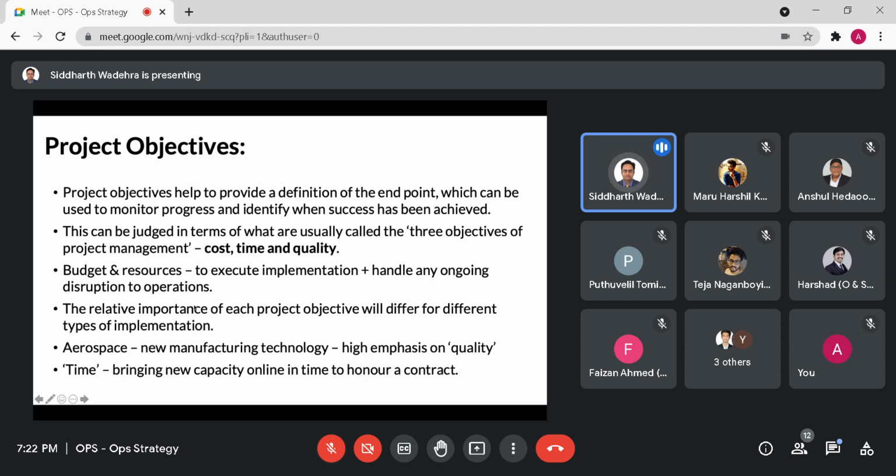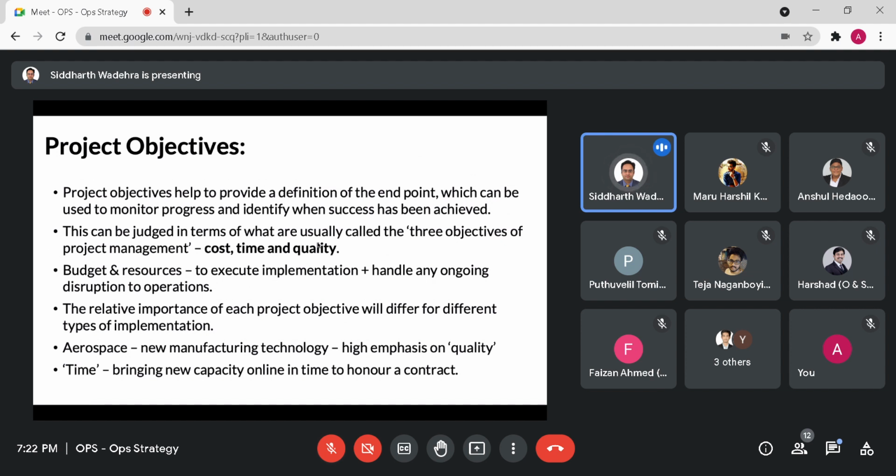And of course, the relative importance of each objective will differ for different types of implementation. If you are looking at an example from the aerospace industry, and they're trying to develop a new manufacturing technology, it will have a much higher emphasis on quality. So the tracking mechanism for that particular organization will be focused mainly towards quality.